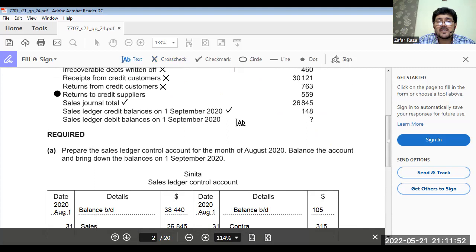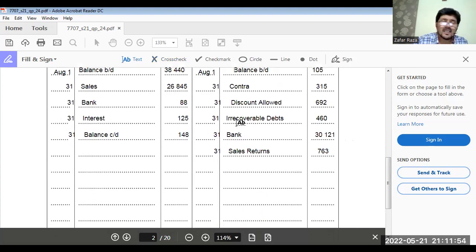Okay, this balance we have to compute. Yes. So we have 1, 2, 3, 4, 5, 6 items. 6 items. Now balance CD, the last item on 31st August. This we have to compute.